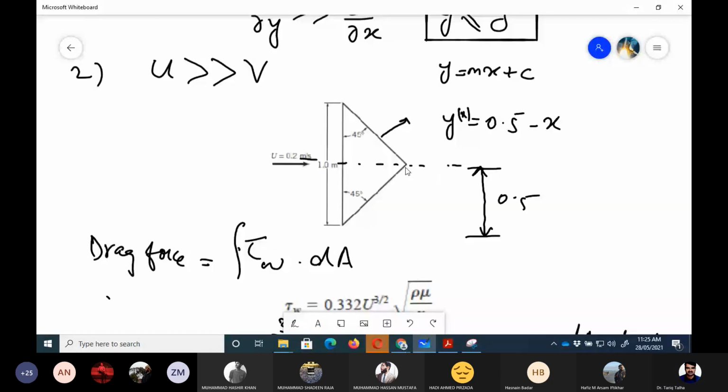So the x limit is that, and the y limit is from 0 to 0.5 minus x, right?